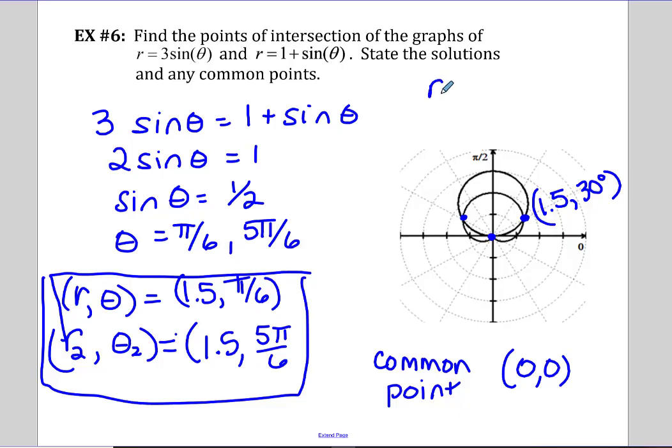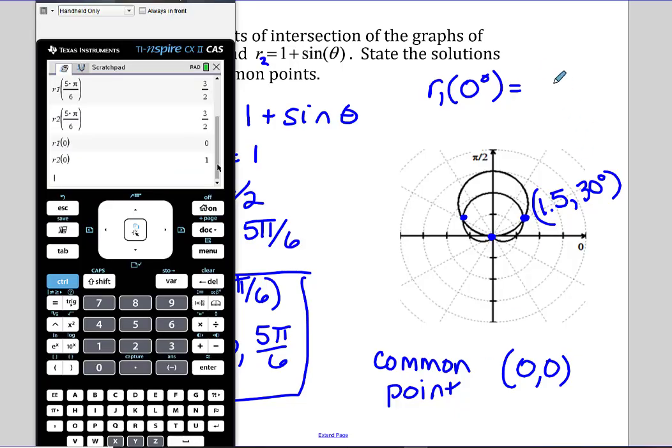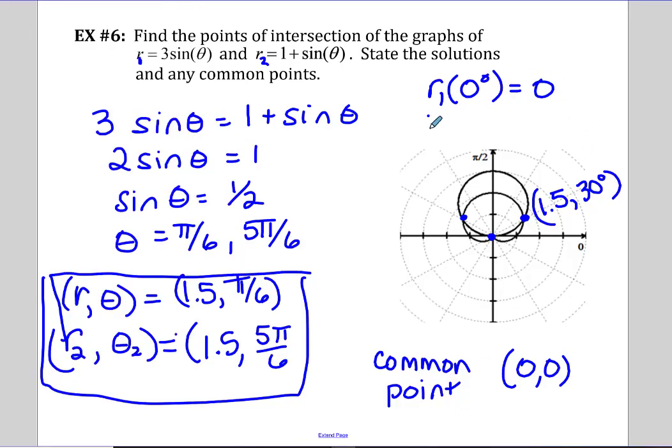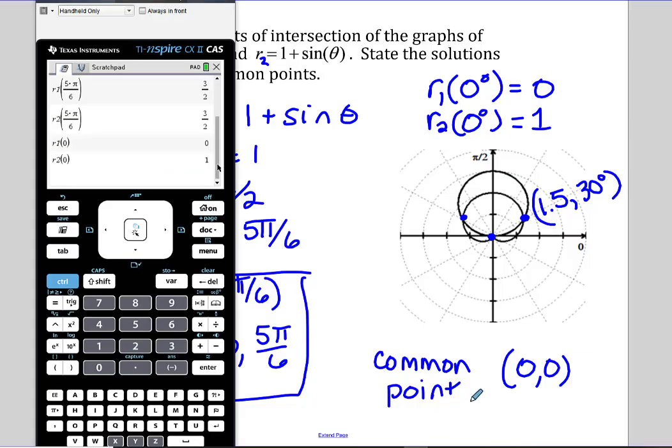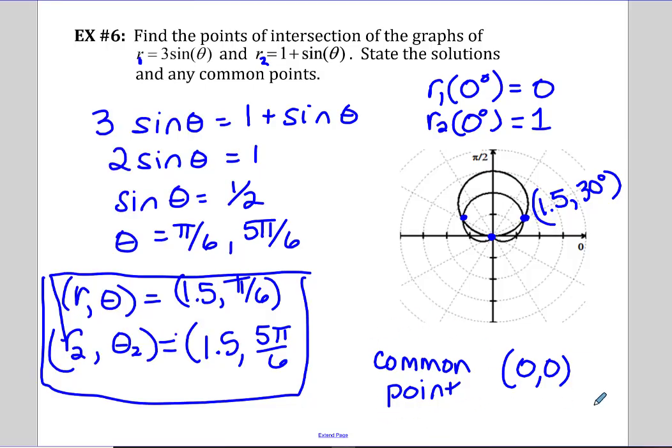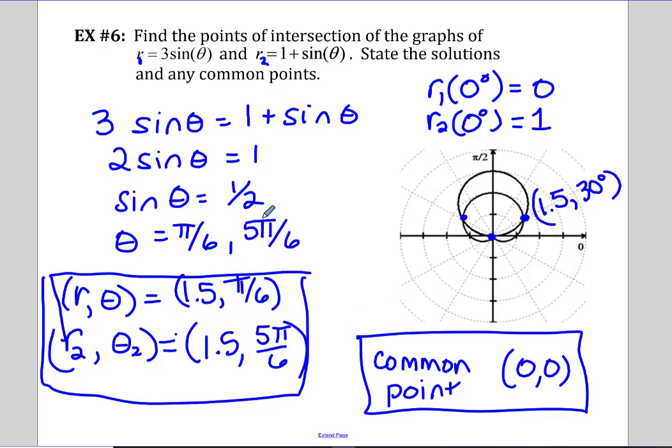For R1, if the angle is 0, the value was 0. But on R2, if the angle was 0, the value was 1. That means they pass through the point. It's a common point to them, but they pass through there at different times, where these have the same values.